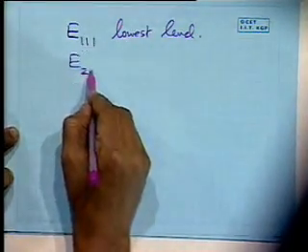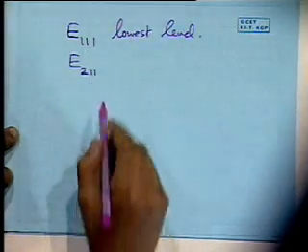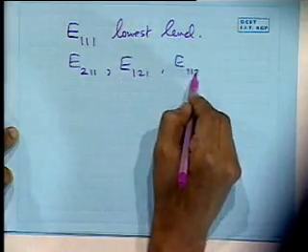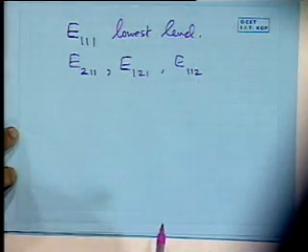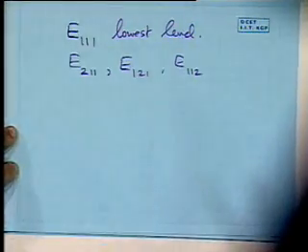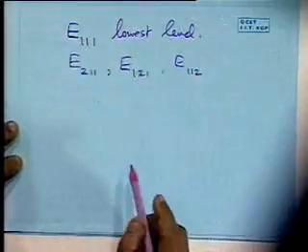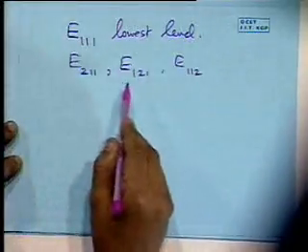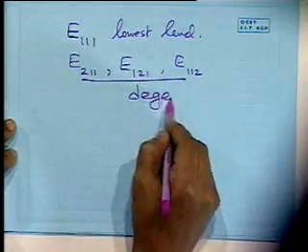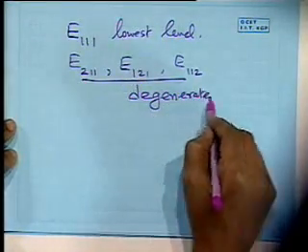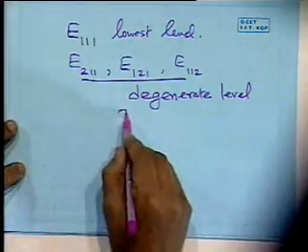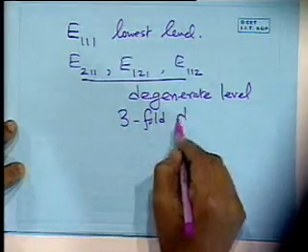But when we come to E211 and we look at the energy, E211, E121 and E112 have the same energies, because the square of the terms, n1 squared plus n2 squared plus n3 squared, is the same for each of these 3 cases. In other words, there are 3 possible levels, all with the same energy. So we call this a degenerate level. And this particular level is supposed to have 3-fold degeneracy.